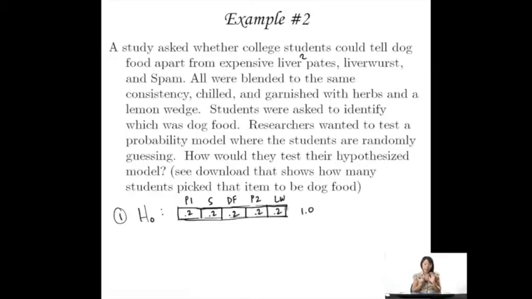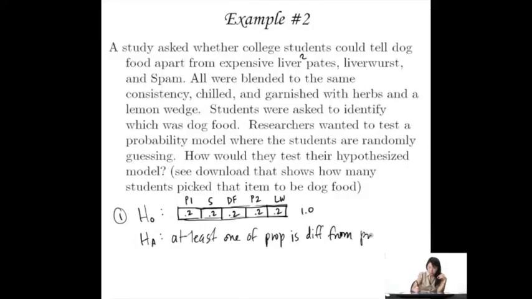Is this the right proportions for this sample? Is the sample going to sort of match this or be very different from this? The alternative is that at least one of the real proportions is different from predicted.